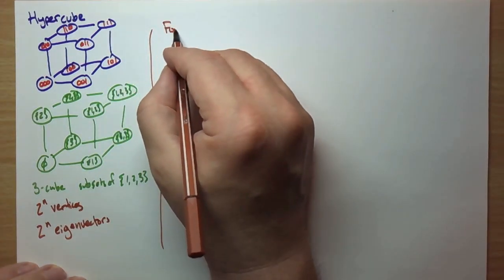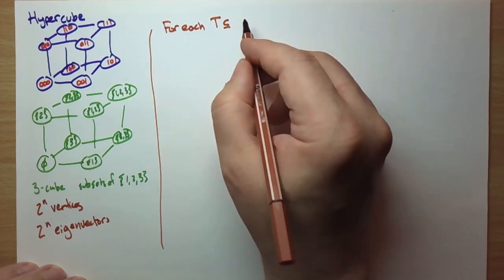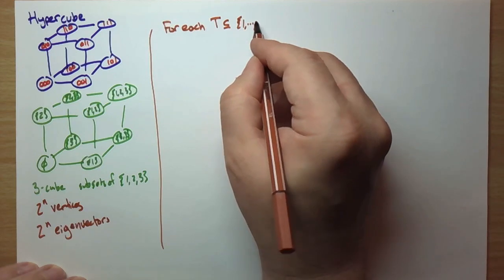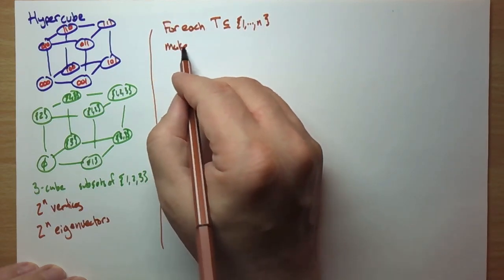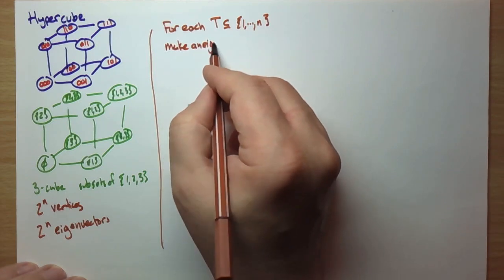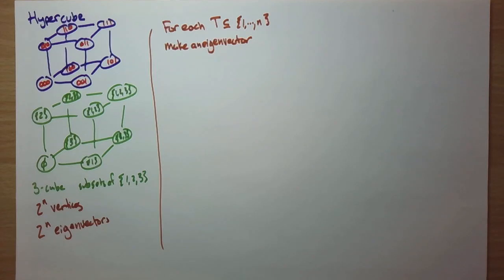For each T, a subset of 1 up to n, you make an eigenvector. If you're thinking about graphs, the way we think of eigenvectors is as assignments of values to vertices. So I just have to say what's happening on each vertex.